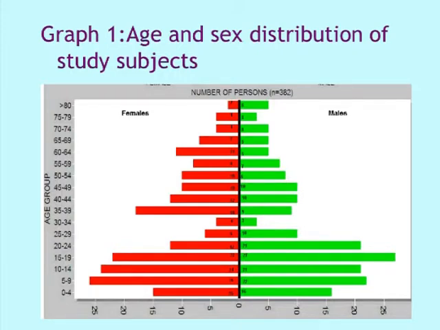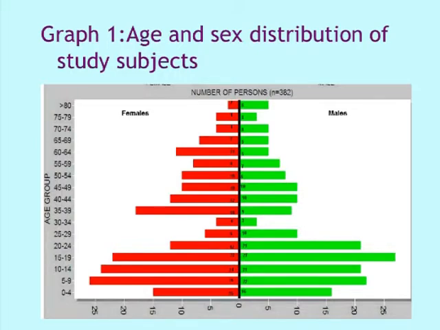And this is the very commonly used what we call a population pyramid, or a bar chart which shows the age and the sex distribution of individuals. So here we are comparing two variables, one is age and the second is sex.